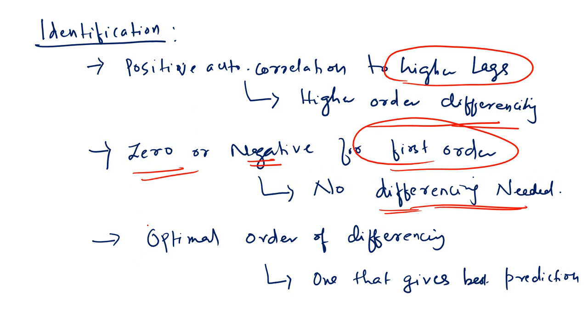The important point is, what is the optimal order of differencing? Sometimes you will over-difference, or sometimes you under-difference, where the order of difference is underestimated. So how do you deal with that? The optimal order of differencing depends on at what order the prediction is closer to the actual value. Pretty much like any prediction model, we use some metric to judge the predictive power of the model.